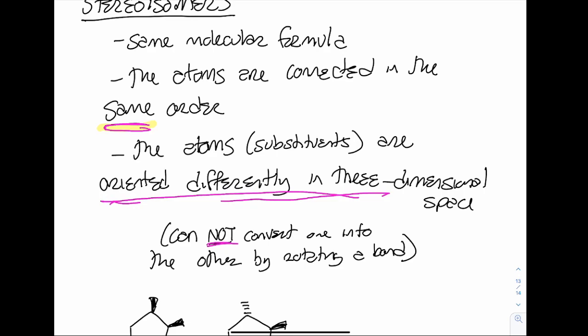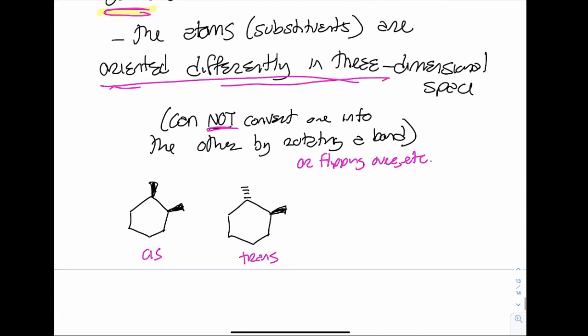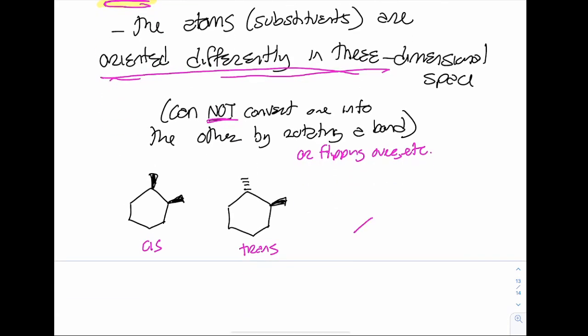Be careful for that. We should add that. Flipping over, etc. So just watch out for that. By flipping over, I mean if I was to draw this one, these are identical.